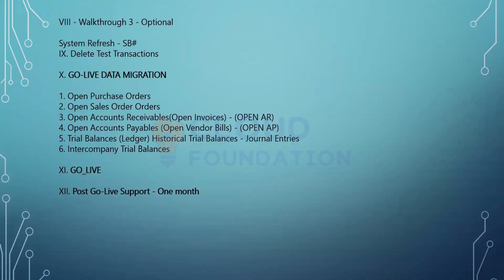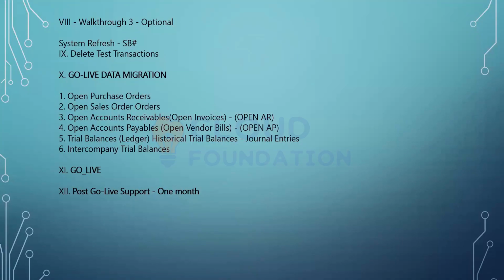So once everything is done, before we go live, when we are nearing the go live date, once the UAT sign off is done, once the walkthrough 3 is done, and all the required master data is imported, at that instance we delete the test transactions: all the purchase orders, all the work orders, all the journal entries, all the fixed asset related depreciation entries. We delete all the transactions and keep the system clean like a brand new slate.